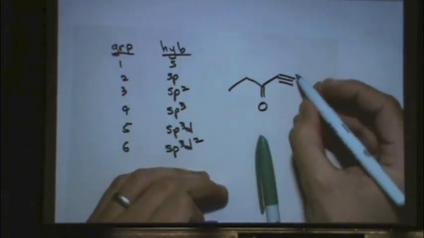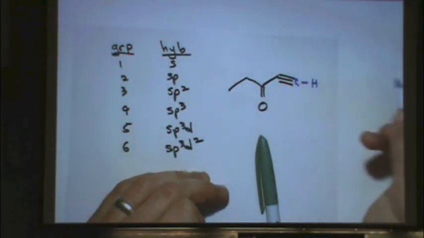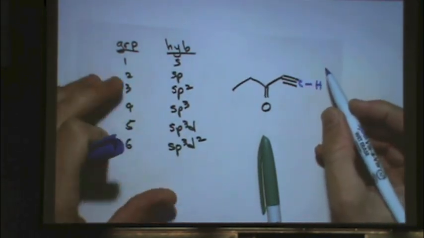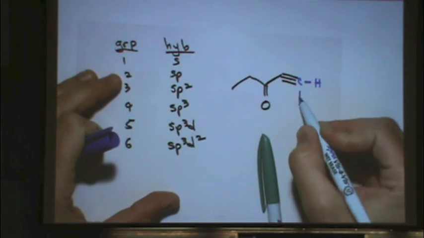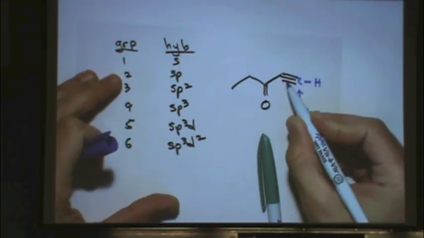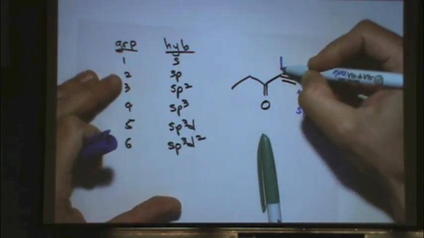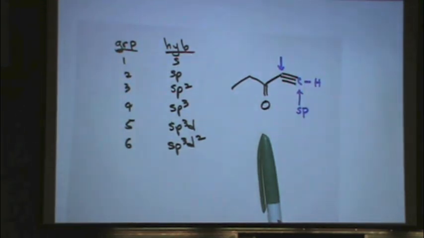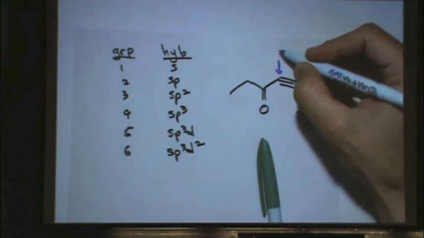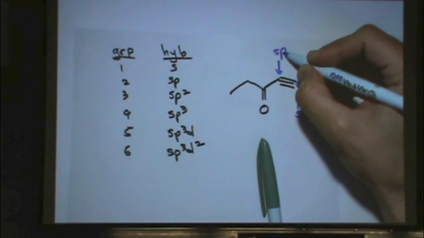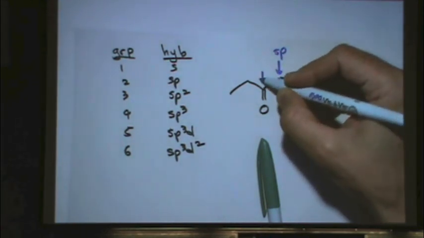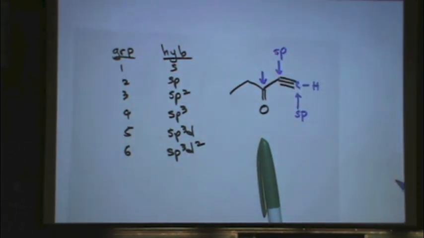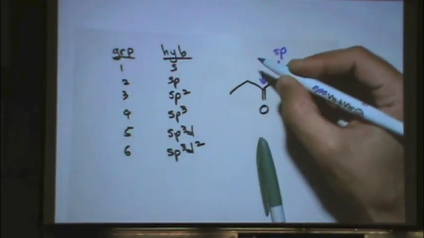You should count two, because there's a carbon here, and every carbon has two bonds. So two groups, sp. Two groups, a triple bond and a single bond, sp. How about here? You should see three groups, sp2.